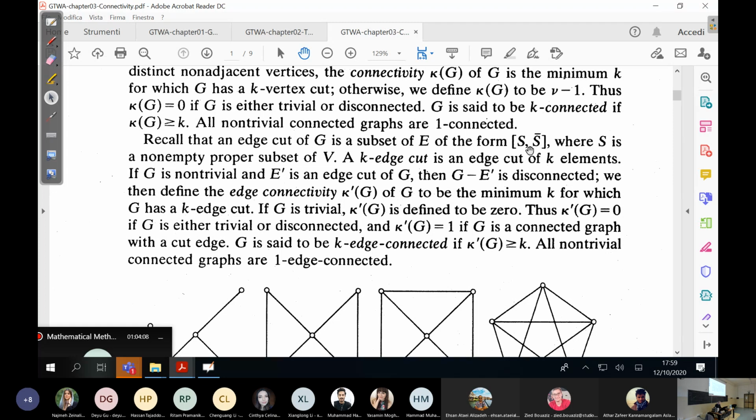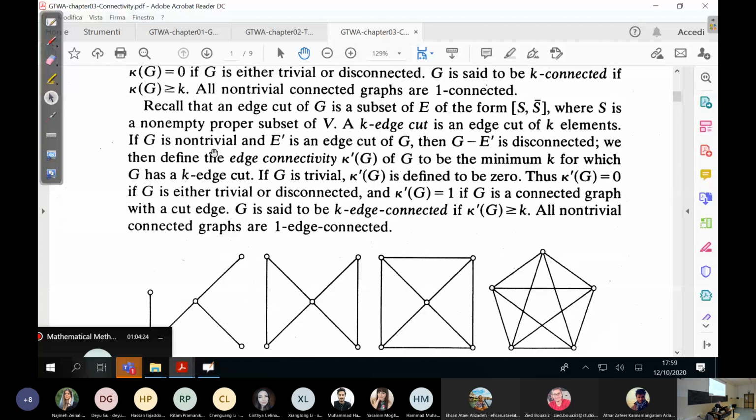And the bracket for those means the set of all edges having one end in S and the other end in S bar, okay? A K edge cut is an edge cut of K elements. If G is non-trivial, again, not just one vertex, and E prime is an edge cut of G, if we take E prime away, we get a disconnected graph, okay?